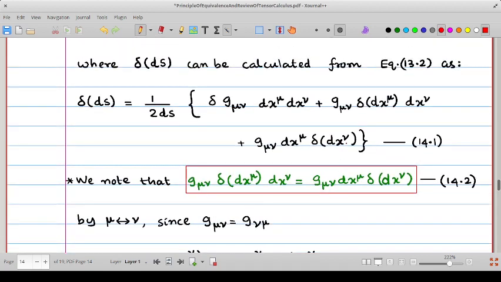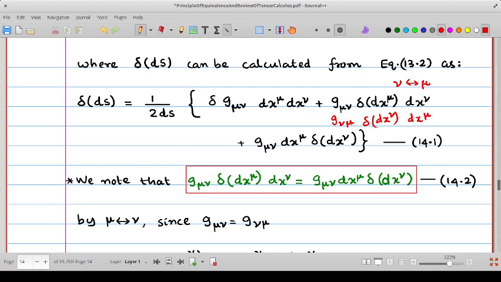Now we note that this quantity g mu nu delta dx nu, where mu and nu are being summed over, is exactly equal to the third quantity, and that is because if in this expression I interchange mu and nu, this becomes g nu mu and this becomes dx nu delta, and this becomes dx mu.